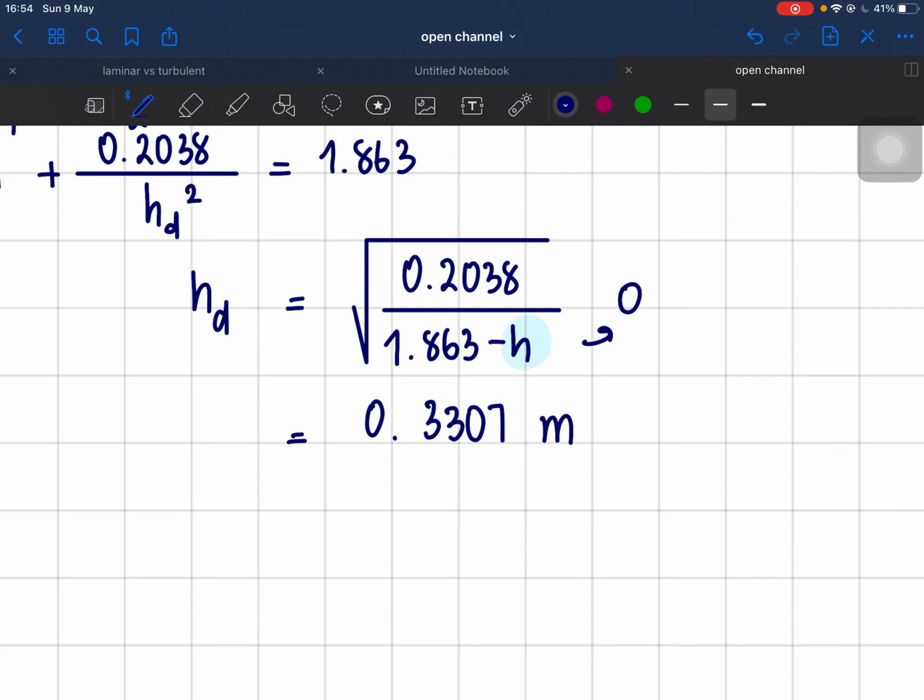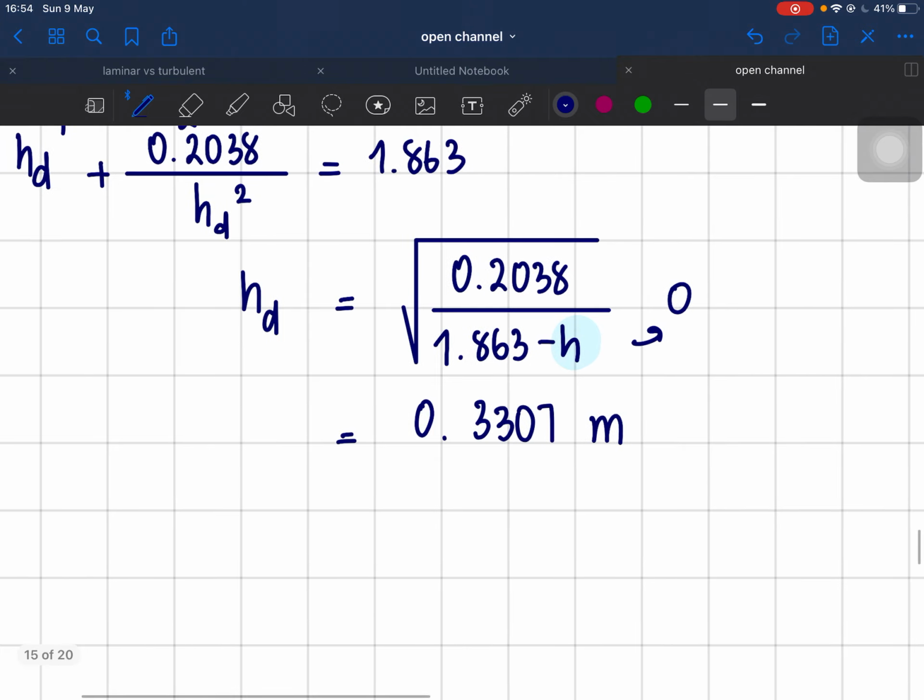0.3307 meter. Okay, so then we can find the u, which is the velocity.